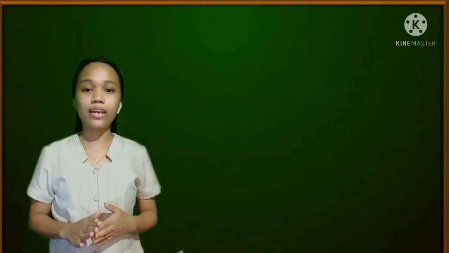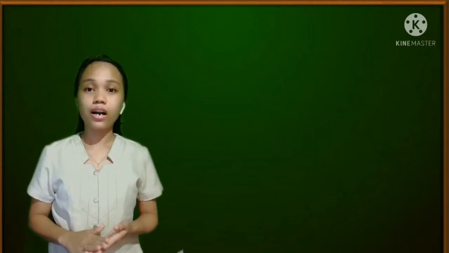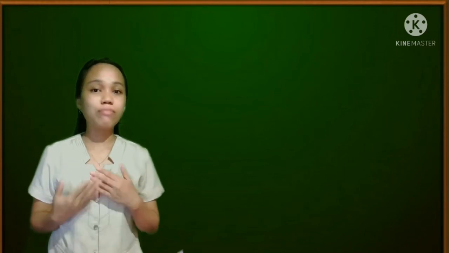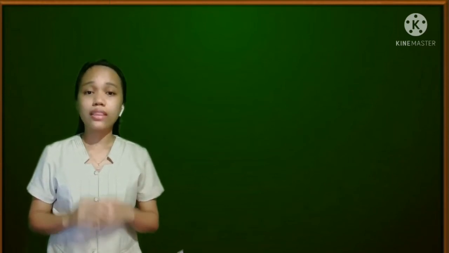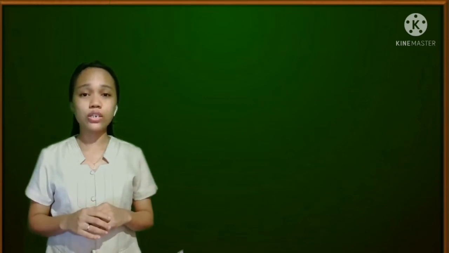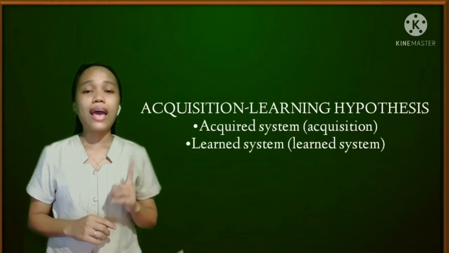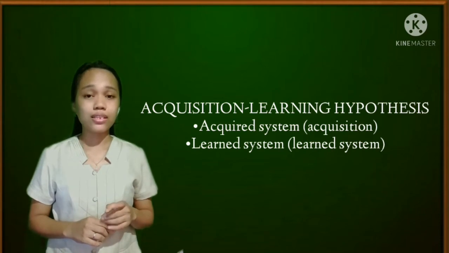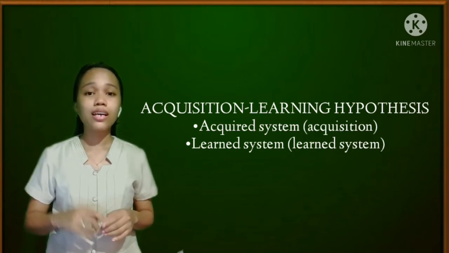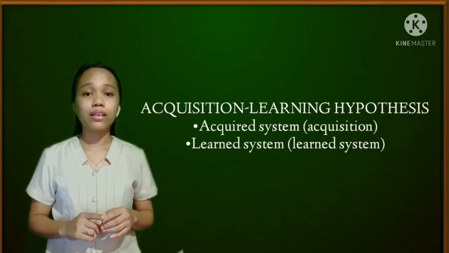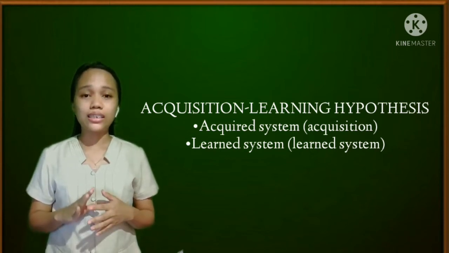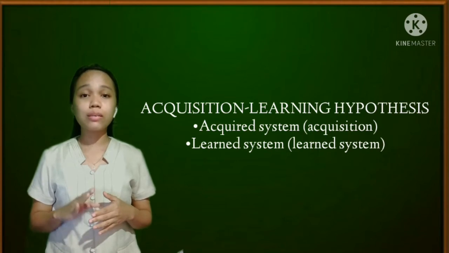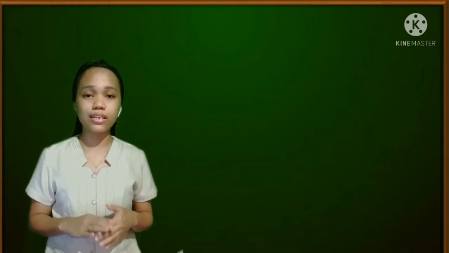Let's do a wrap up of the things that I've mentioned, the 5 hypotheses of Krashen's theory of second language acquisition. First, we have the acquisition-learning hypothesis, which has 2 systems: the acquired system, which is a product of a subconscious process, and the learned system, which is a product of a conscious process.